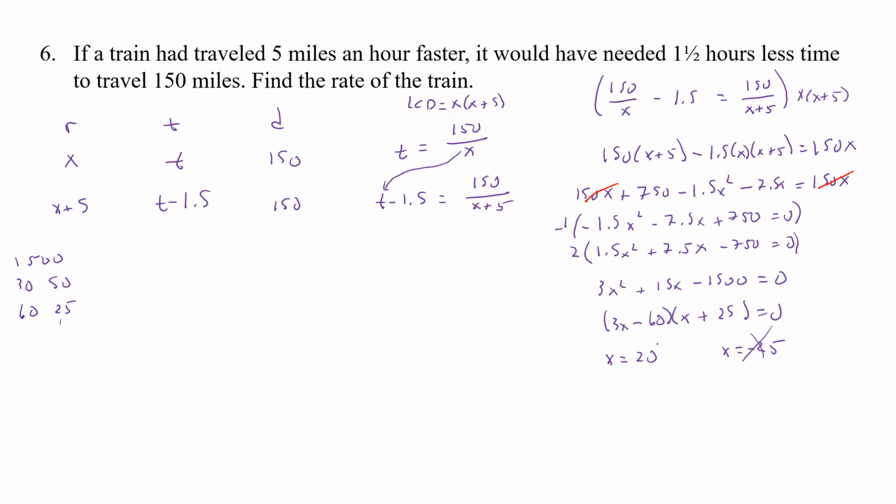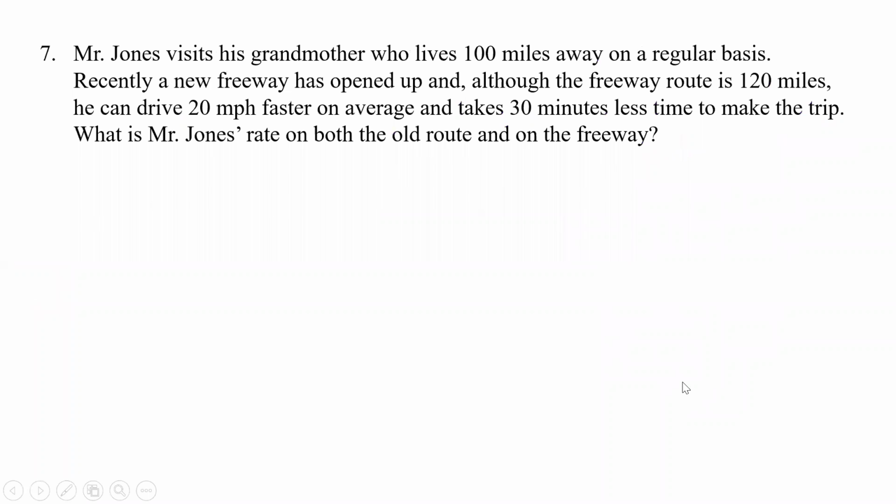That's out. This works. And so find the rate of the train. Well, the train was going 20 miles per hour. And this faster one was going 25 miles per hour. So if they ask for that one, we could get the second one, but they only ask for the original speed. All right, so let's do one last one.